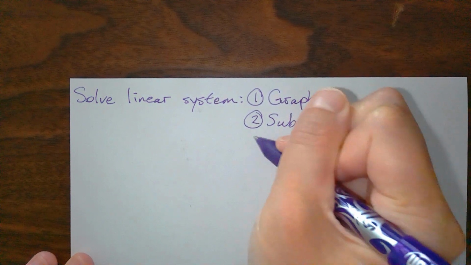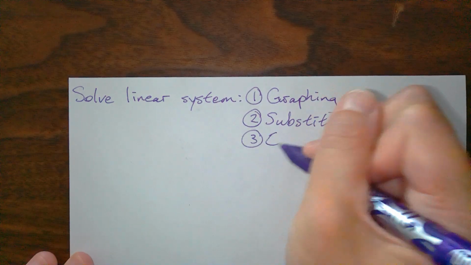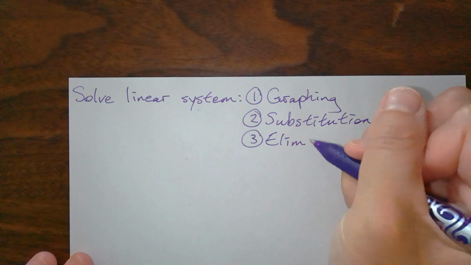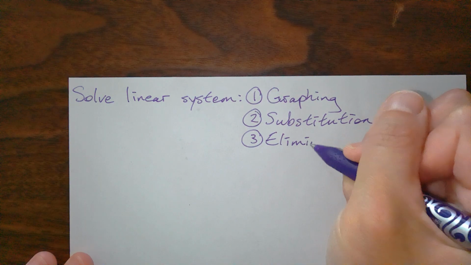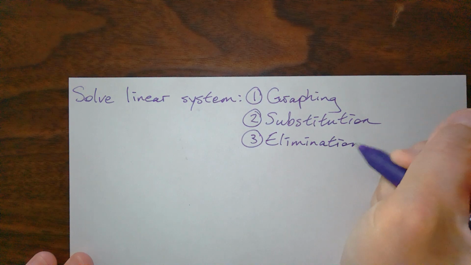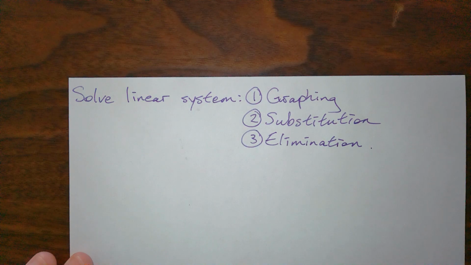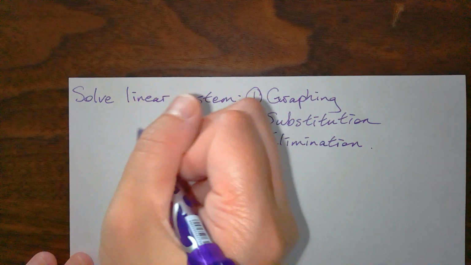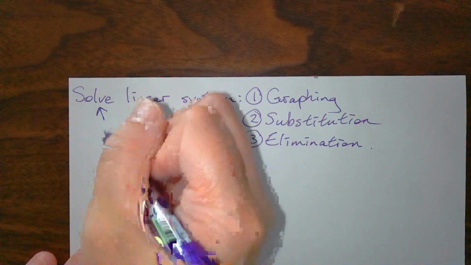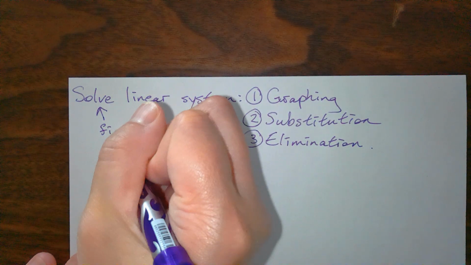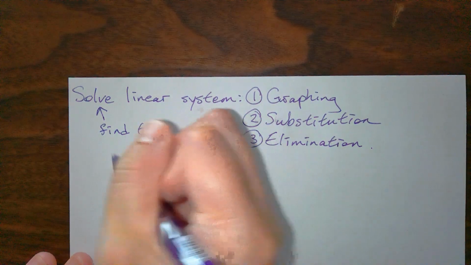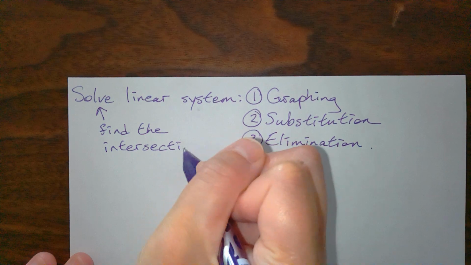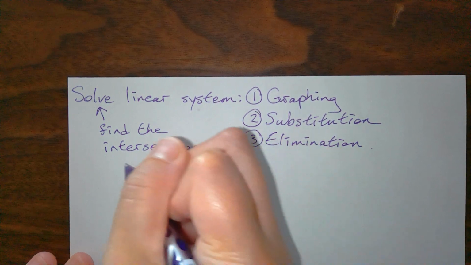What does it mean to solve a linear system? William? Find the intersection point. So when it says solve, it means find the intersection point of 2 lines.